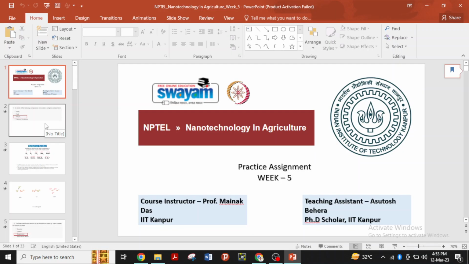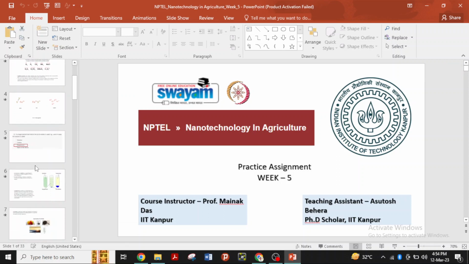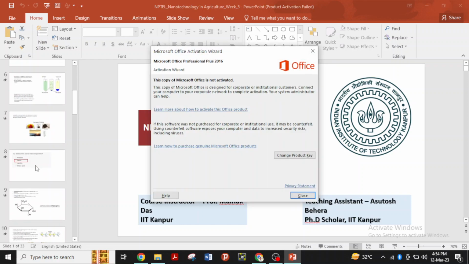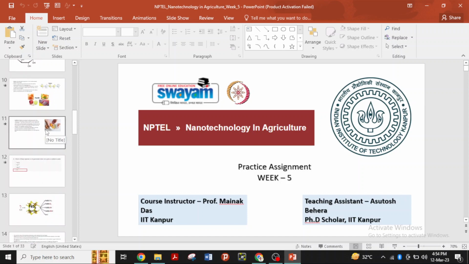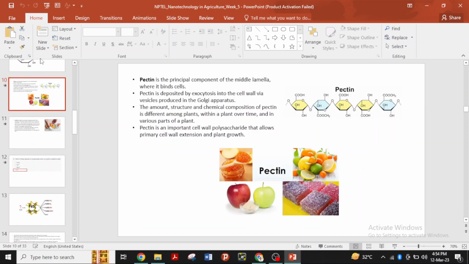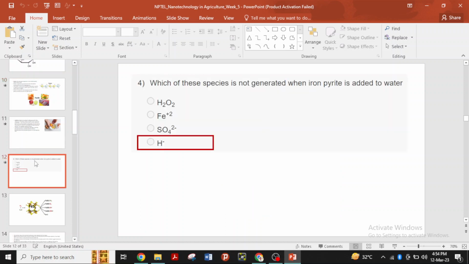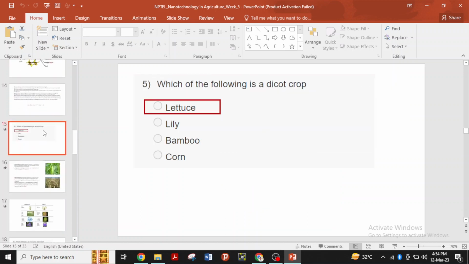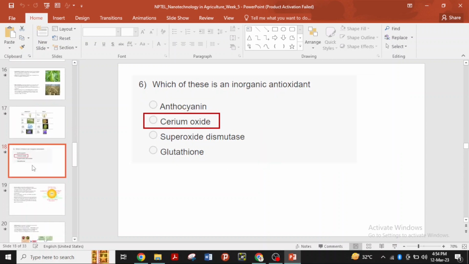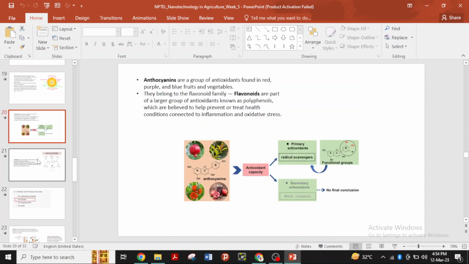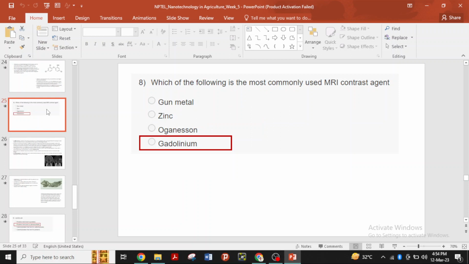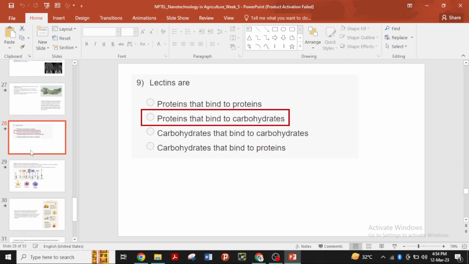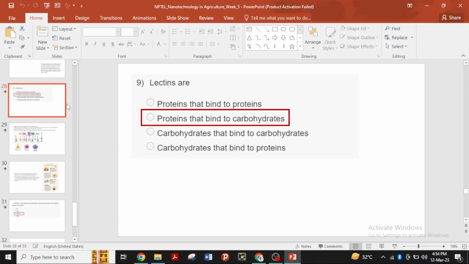I think there was a question on lectin somewhere here in the last practice problem. Then I can explain it to you better. I think this is a pectin. Okay. If you had attended the last lecture, I discussed it. Yes, I think this is the question.